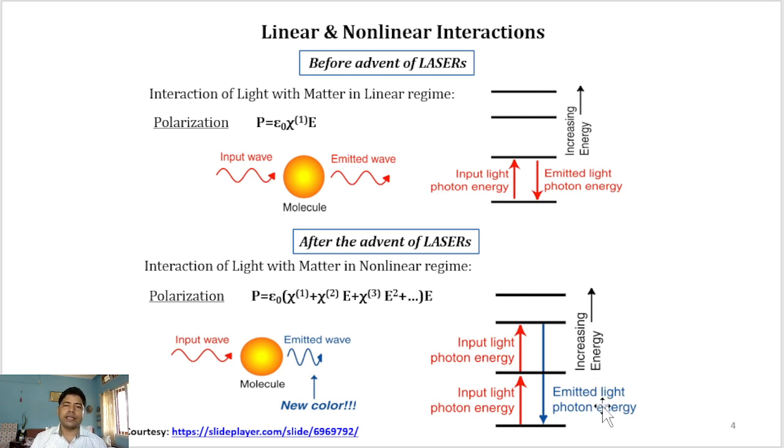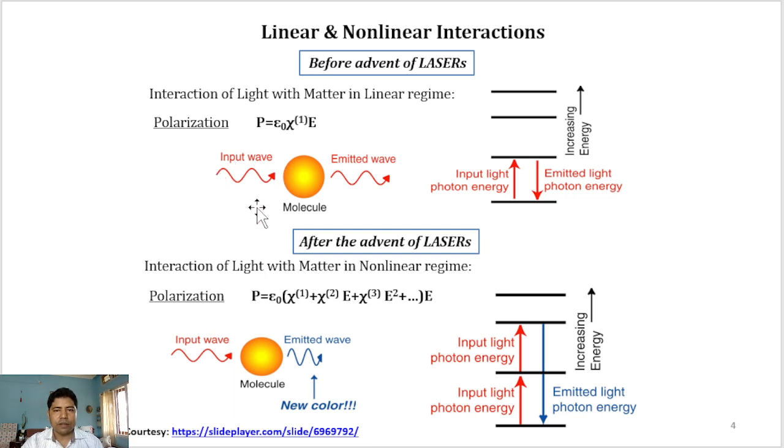So here we can see what was going on in linear and nonlinear interaction. In linear interaction, before the advent of lasers, say for example, these are the energy levels of a medium. This is, let's say, a molecule, and we are giving an input of red light.